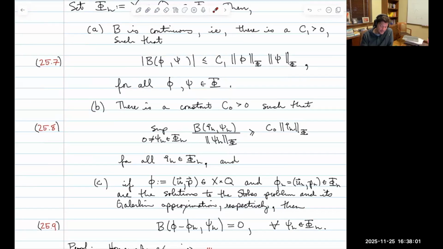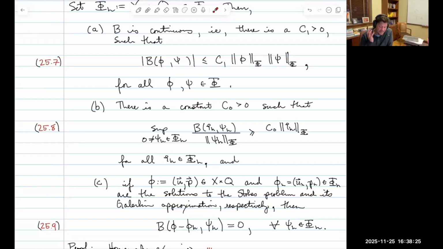Secondly, I can show that there's a constant c greater than 0 such that this inf-sup type condition holds. Well, I call it an inf-sup type condition. This one is on the subspace. Okay, so this has to come from the subspace, and this has to come from the subspace.